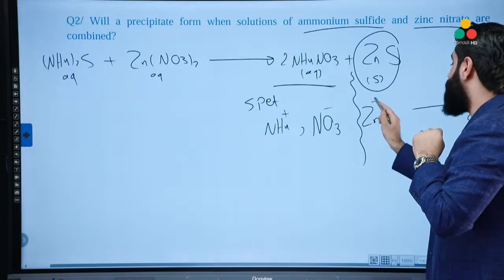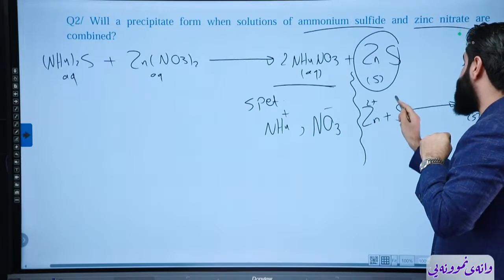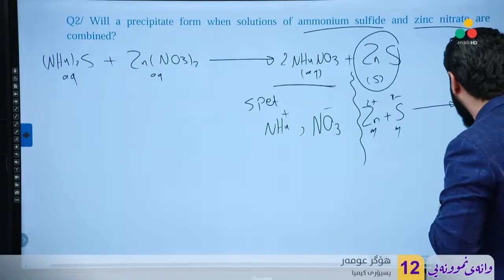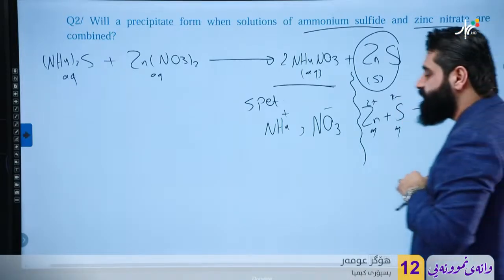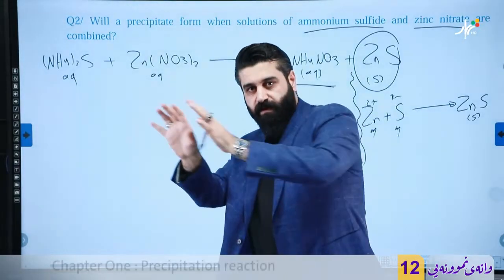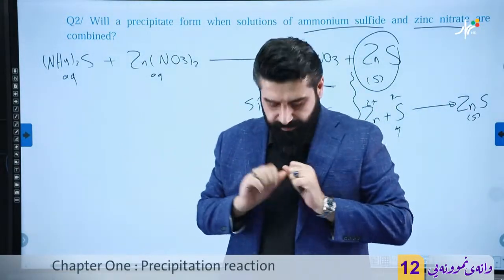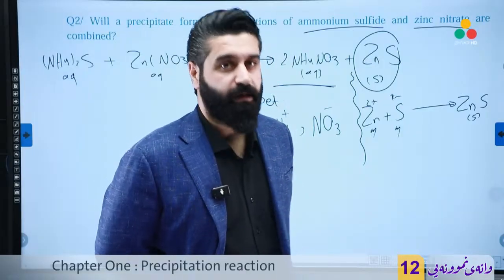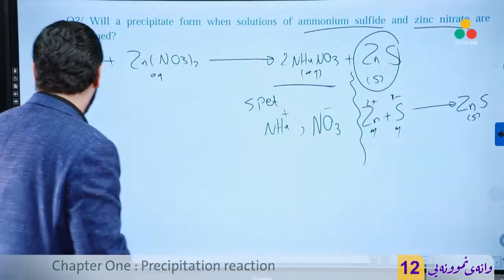Look, Zn plus 2 and S negative 2, aqueous. That's all. That's how you write the net ionic equation. Bring the solid to the product side, and the ions to the reactant side, but it must be balanced. Good. Another one.